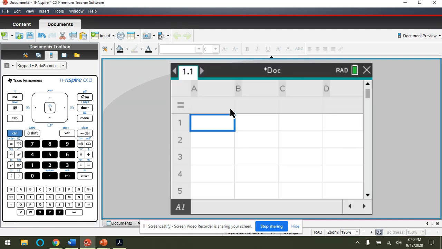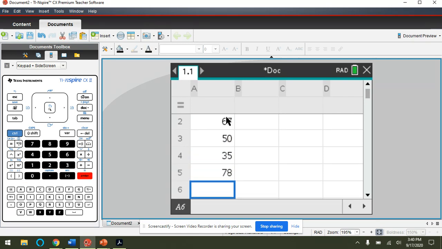So we're going to pick a list and spreadsheet, and you're going to type in those data values. So we've got 56. Just keep on typing them in.